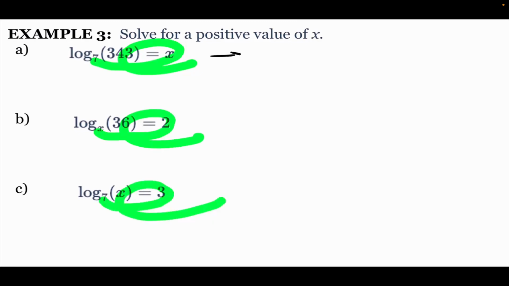This one will say 7 to some power equals 343. This one says x squared equals 36. This one, 7 to the third power equals x.